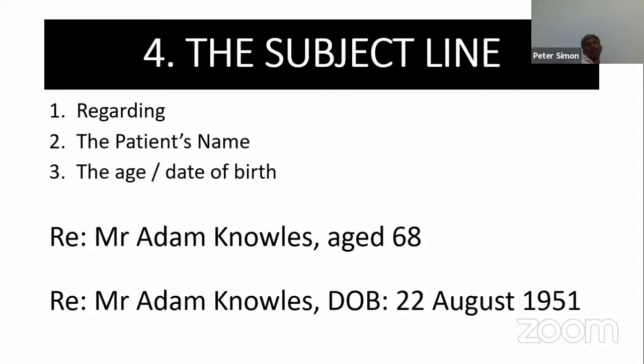Next, if it is a married woman, write Mrs. And if she is a spinster, the opposite of bachelor, unmarried lady is called a spinster. So use Miss, M-I-S-S, Miss.